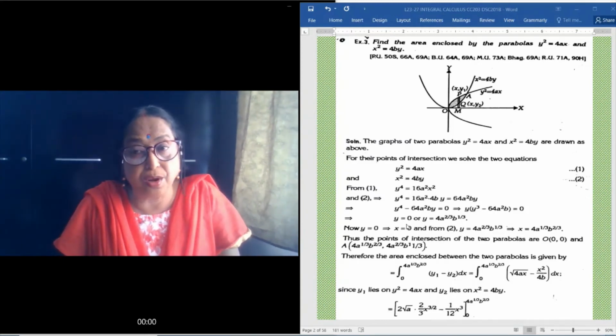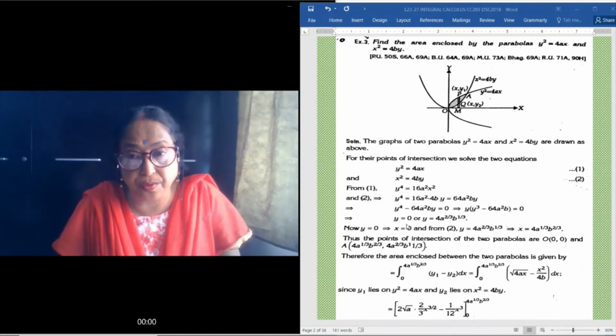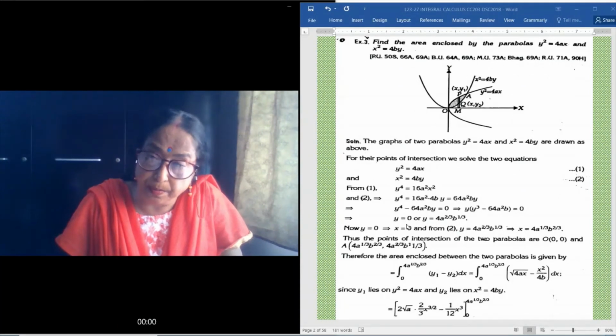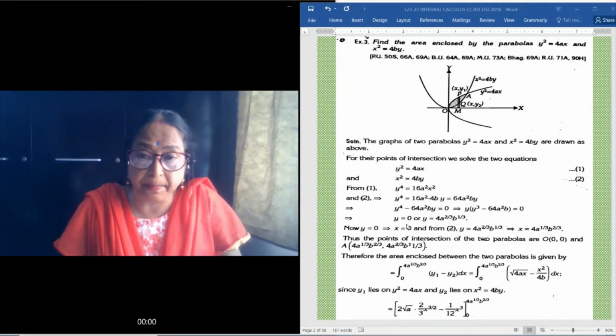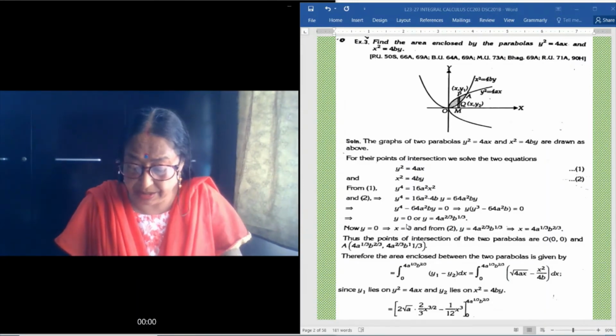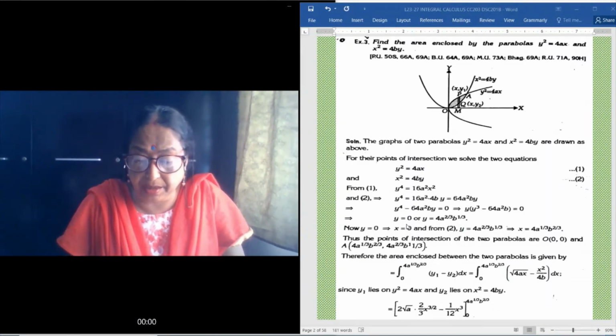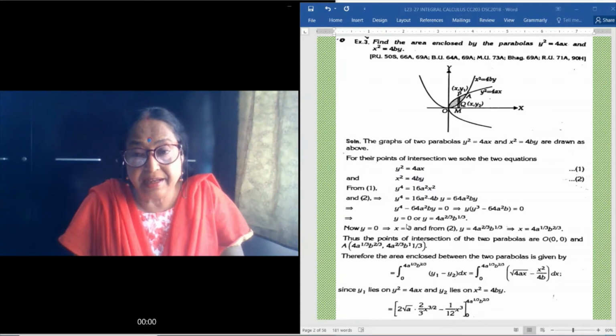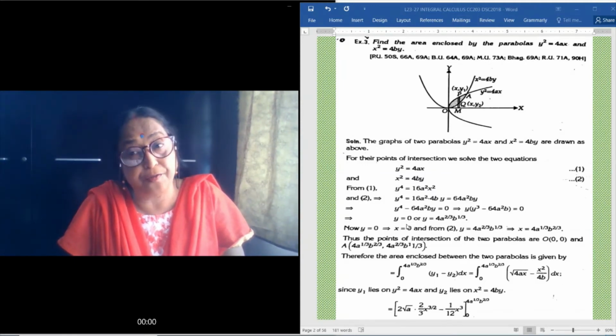You know how to draw a parabola y square equal to 4ax, that is a parabola passing through the origin, and x square equal to 4by, that is also a parabola, an inverted parabola, and the x-axis is tangent in the second case, and it also passes through the origin. So the formula for it will be y1 minus y2 into dx. For dx, we are to put the limit of x here.